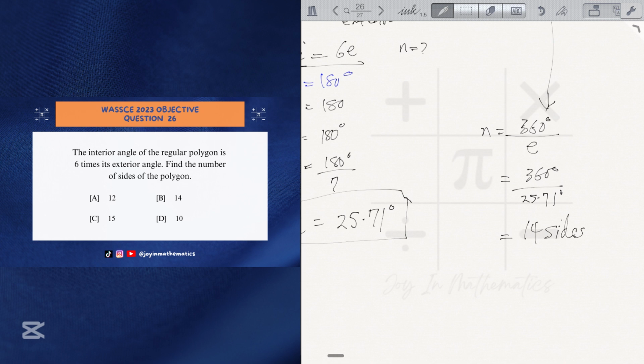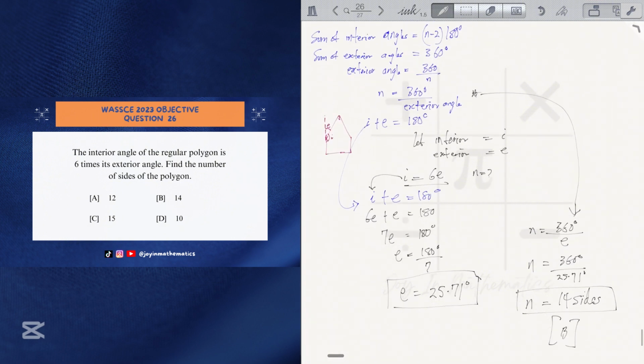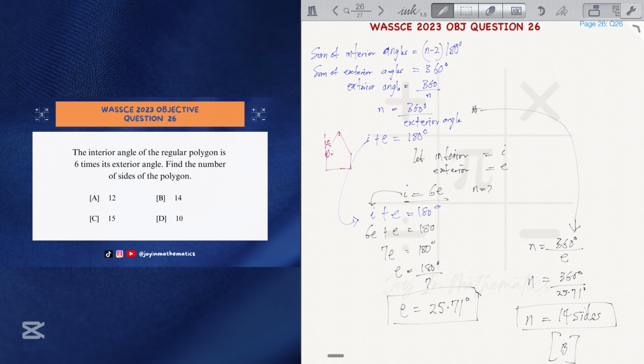So n is equal to 14 sides, which is equivalent to option B. Now you can see we applied the formulas we have here, majorly the exterior angle formula, and the interior angle plus exterior angle is equal to 180 degrees, which is one important thing in polygons.